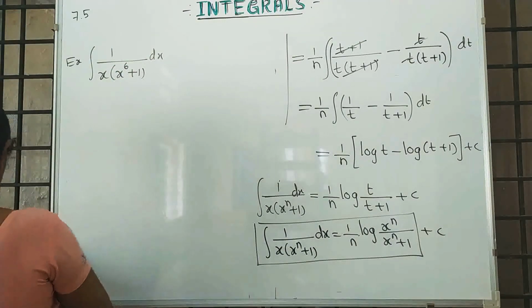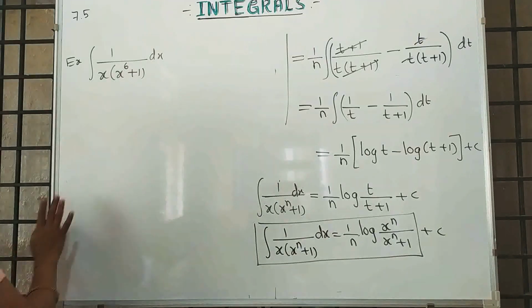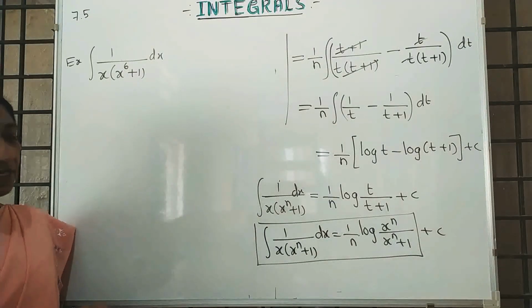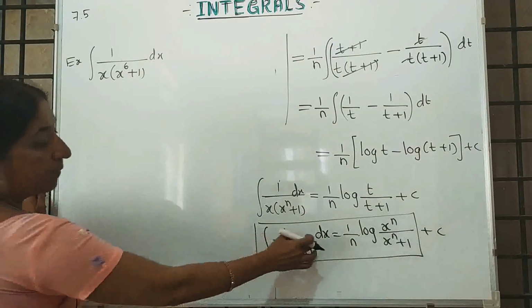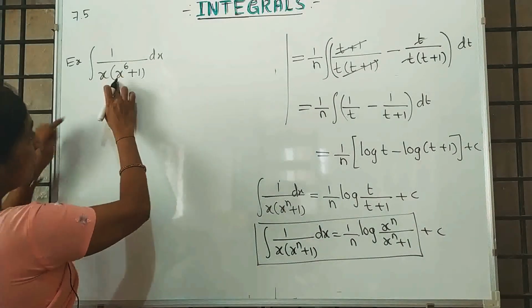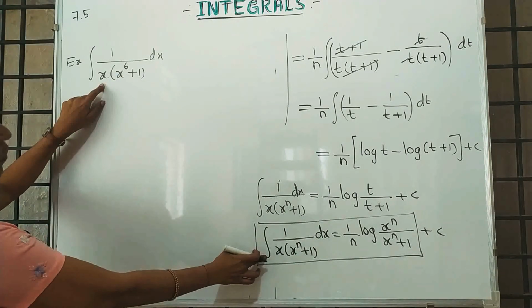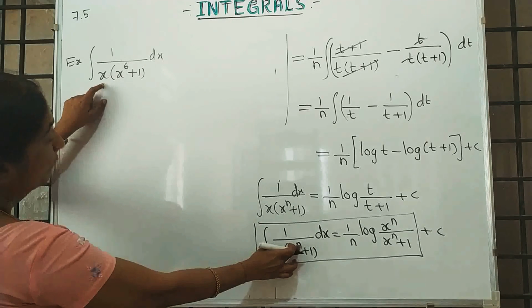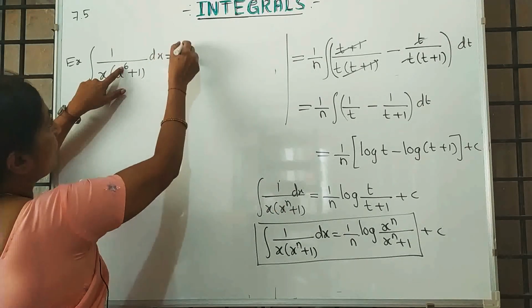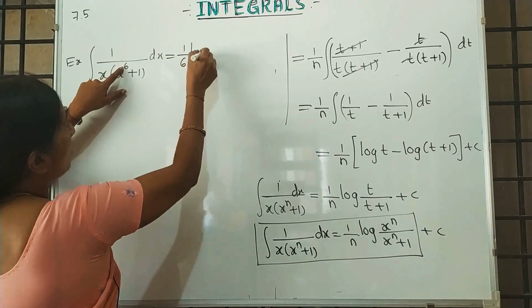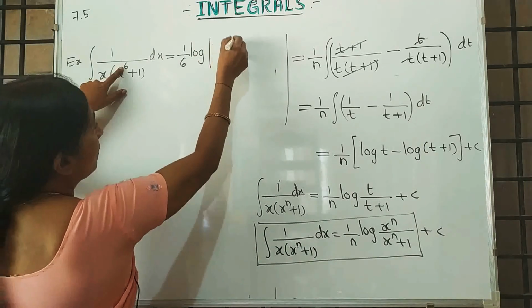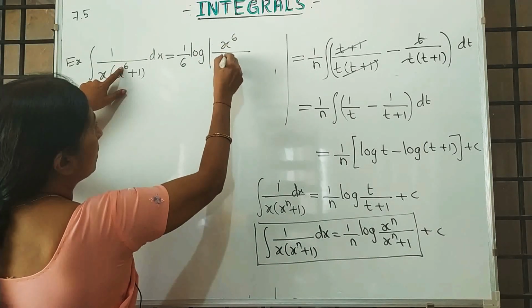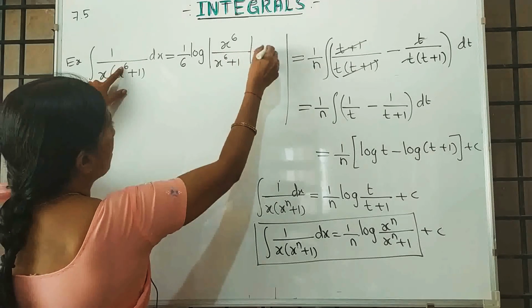Yes students, here can you apply the partial fraction? No. X raised to 6 splitting is not possible. Apply this. Compare these two. They are in the same form, yes. In place of n we have 6. 1 by 6 log of x raised to 6 upon x raised to 6 plus 1 plus c.